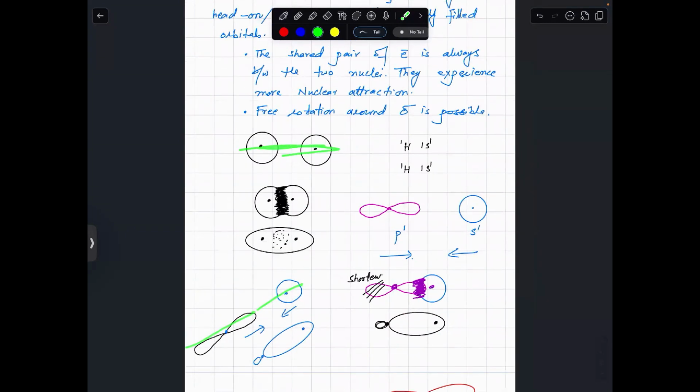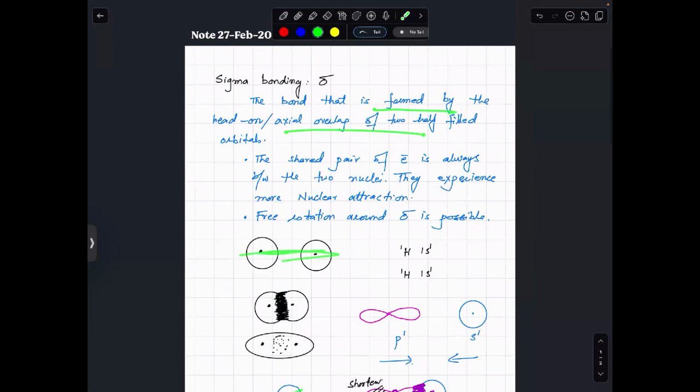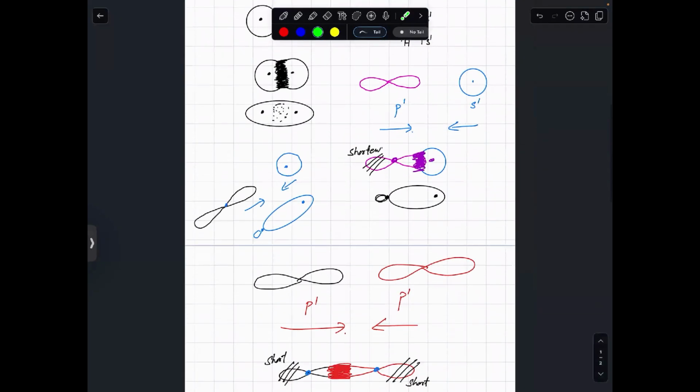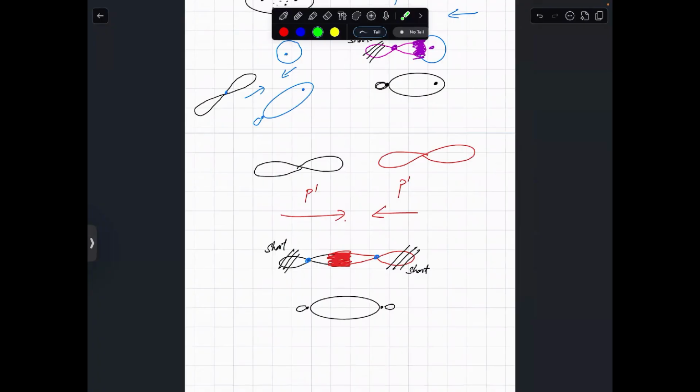So when there is axial overlap of two half-filled orbitals, what is formed? Sigma bond. I agree that when I teach hybridization, you will come to know that it's no longer the p and the s, it's actually the hybridized orbitals that make sigma bonds. This I'm going to explain after pi, right?